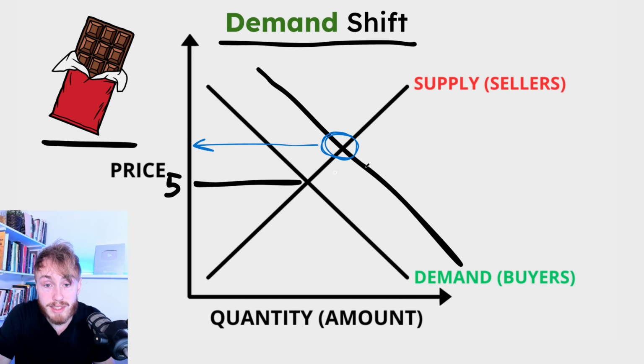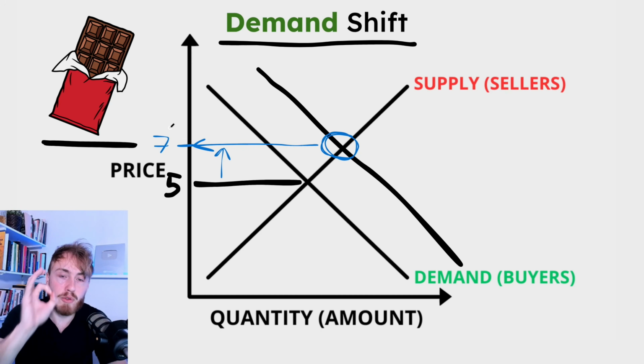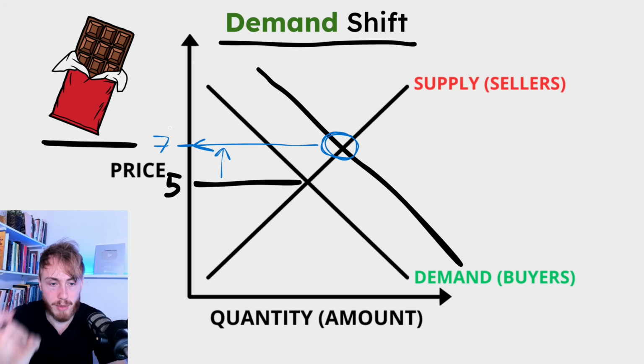So what this demand shift actually did was that it pushed the price up. Let's say that it pushed the price of chocolate up to maybe 7. So by just understanding this graph, you can realize that when we see a demand shift, this will push the price up. Or at least if we have a positive demand shift.